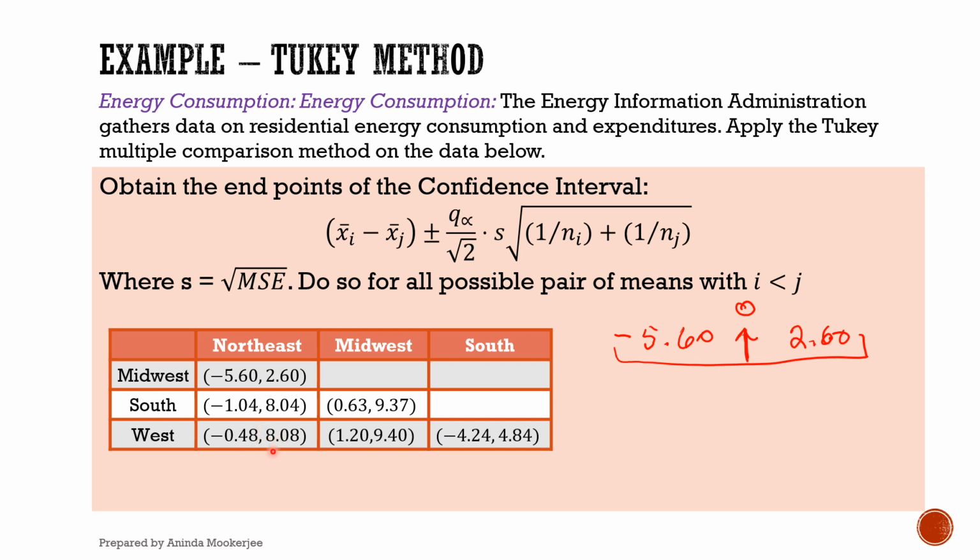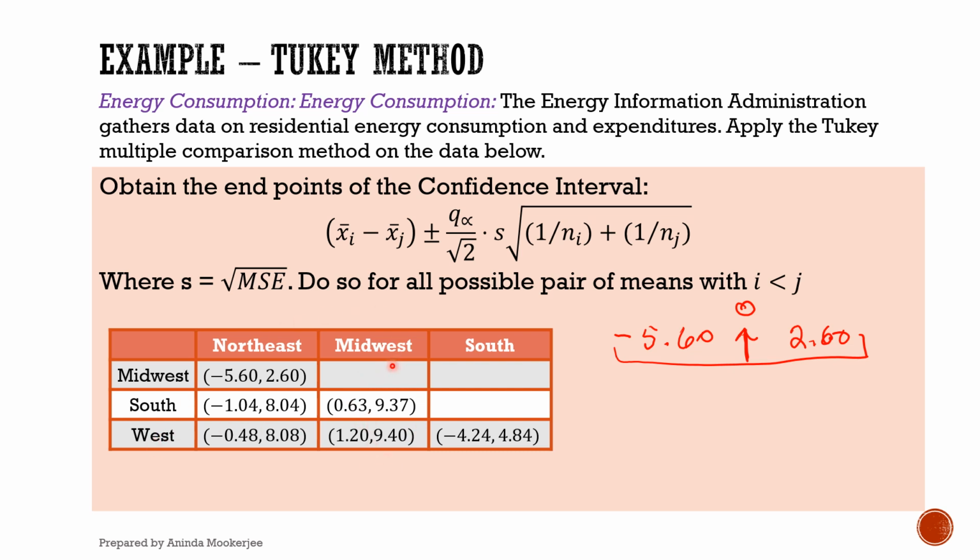However, South and Midwest both have positive endpoints. Both endpoints are positive values, 0.63 and 9.37. So when the signs are the same at both ends of the interval, that means there is a difference.